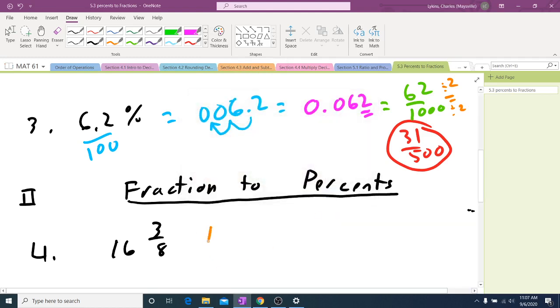So that means it's going to be 16 point something. Okay? So if we have our calculators, we can put it in, or we can just say, okay, 8 goes into 3 0 times. So then 8 goes into 30 3 times.